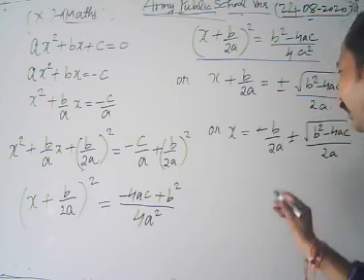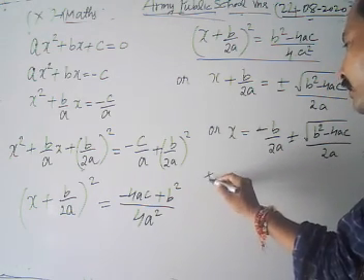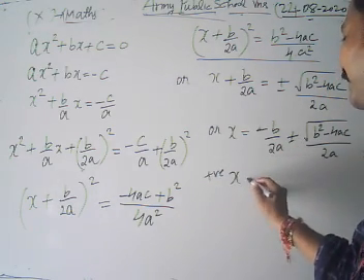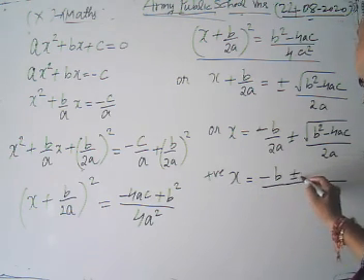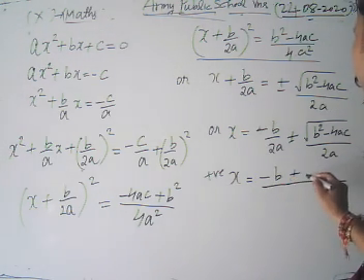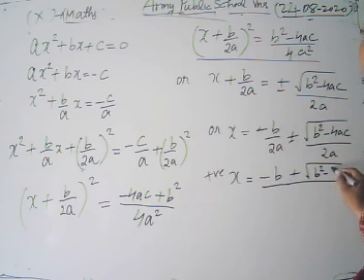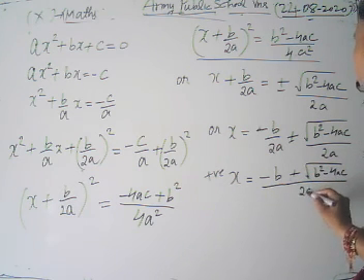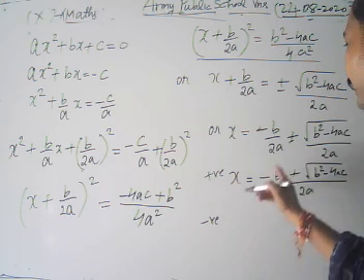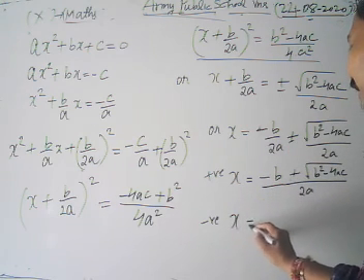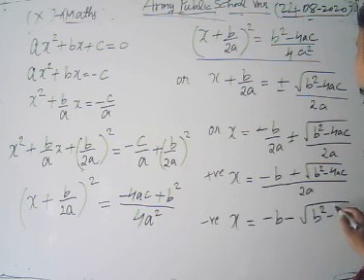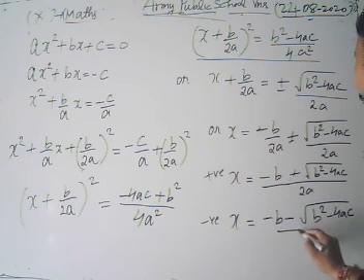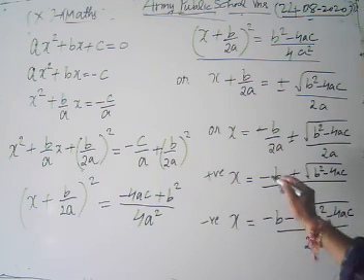Now look, when we take the positive sign, our x is given by minus b plus under root b square minus 4ac upon 2a. When we go with the negative sign, our second root is given by minus b minus under root b square minus 4ac upon 2a.